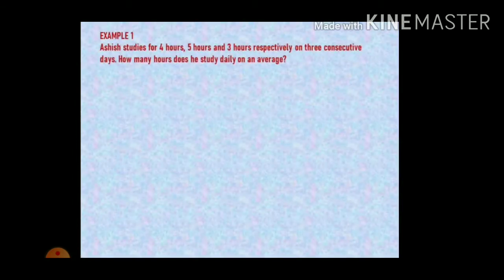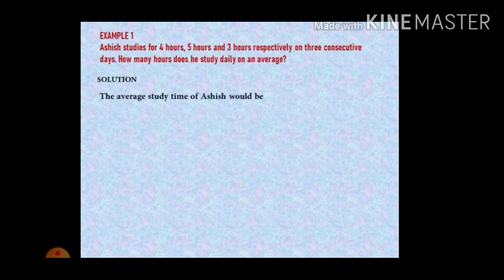Let us now take another example. Ashish studied for 4 hours, 5 hours and 3 hours respectively on 3 consecutive days. How many hours does he study daily on an average? So what is the formula? We have to add the total number of hours divided by the total number of observations. That is 1, 2, 3, right?